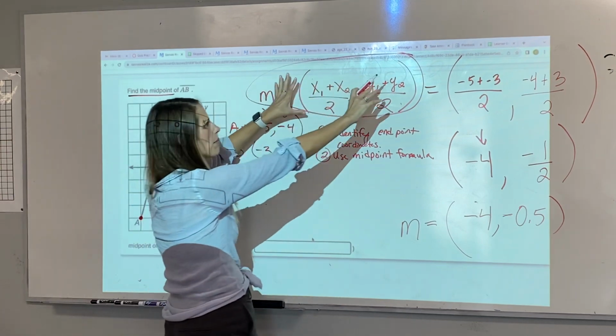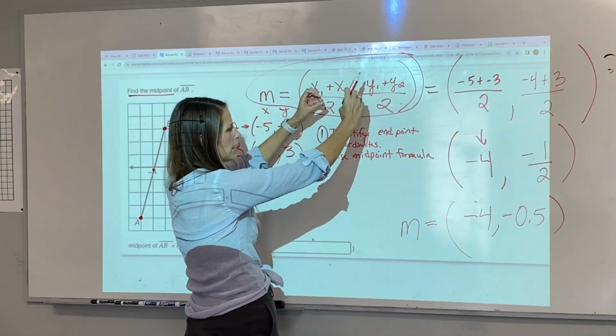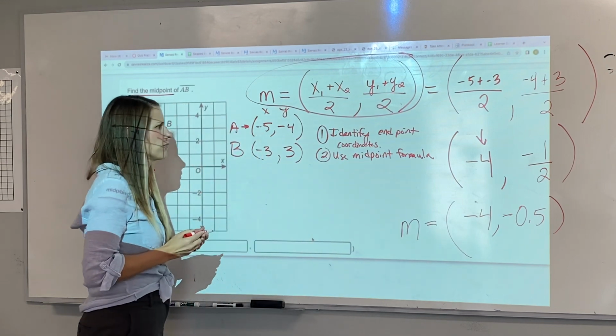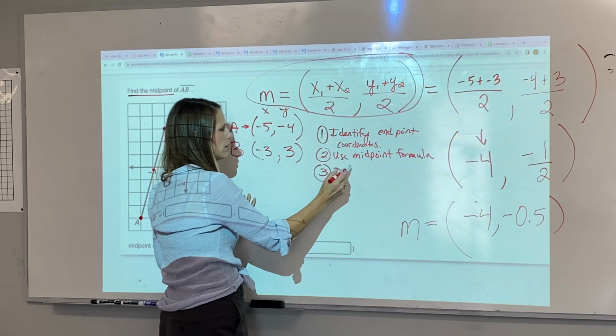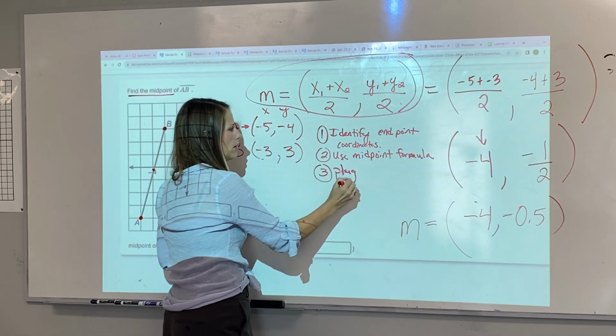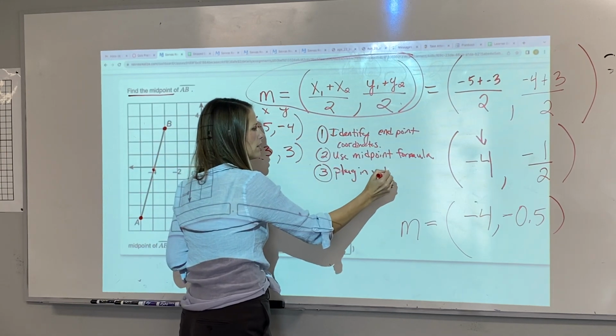Remember, it looks really big and complicated, but what we're really doing is we're just scrunching it down to find a coordinate pair. And then the last thing I would say is plug in your values and solve.